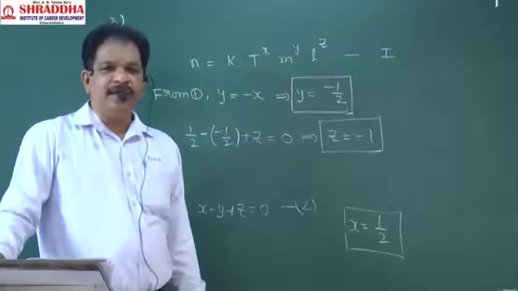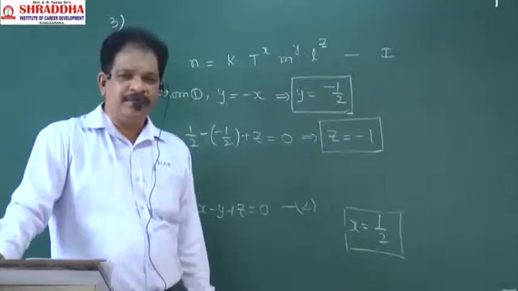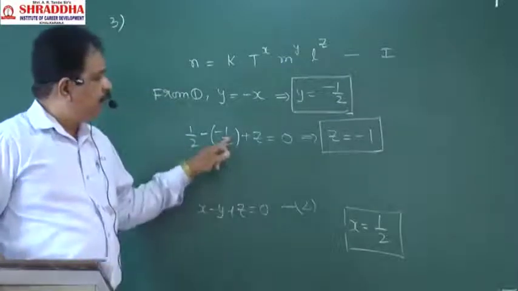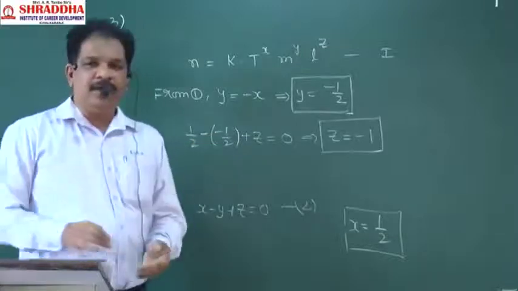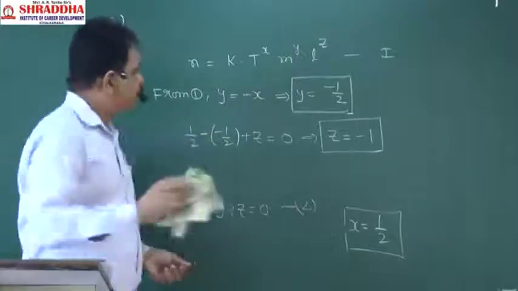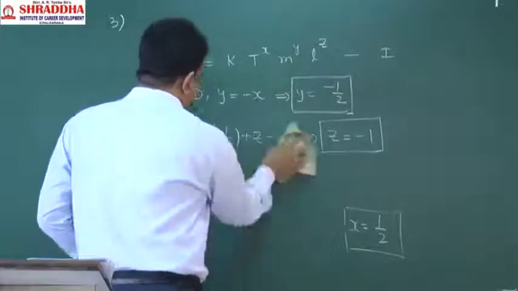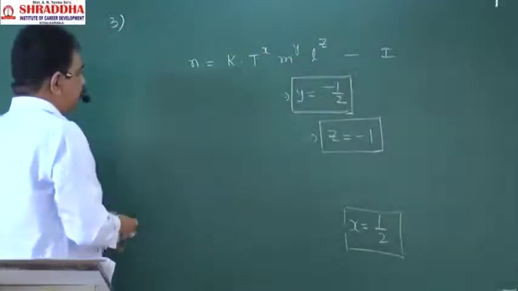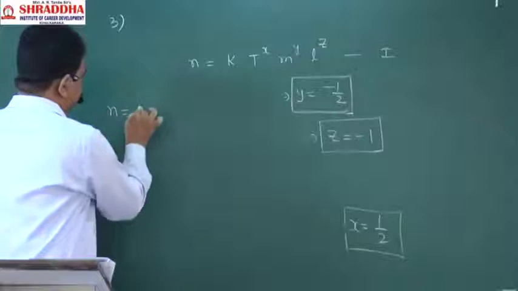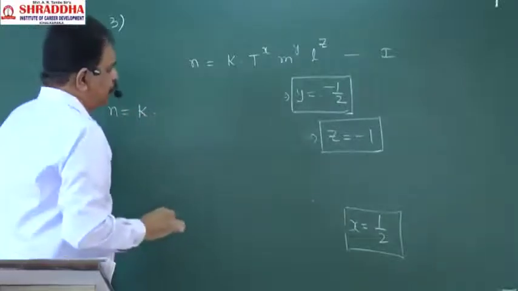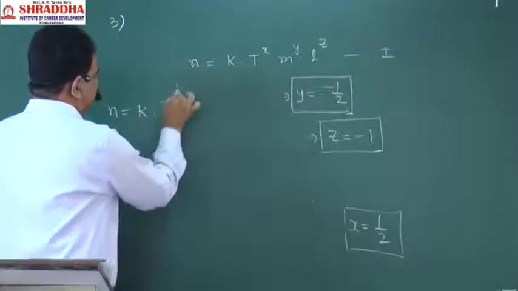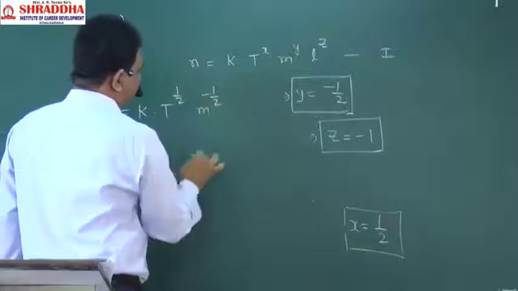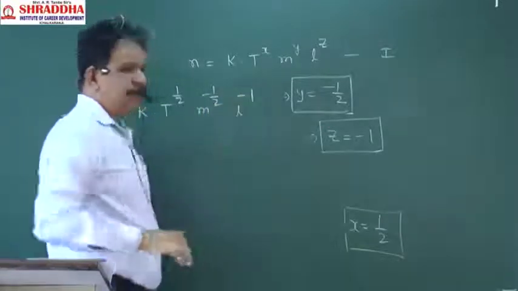So like that, using the equations you got, by solving them you have to find the values of X, Y and Z. Substitute those values in equation 1. So equation 1, what is there? N is equal to K into T power 1 by 2, M power minus 1 by 2, L power minus 1.